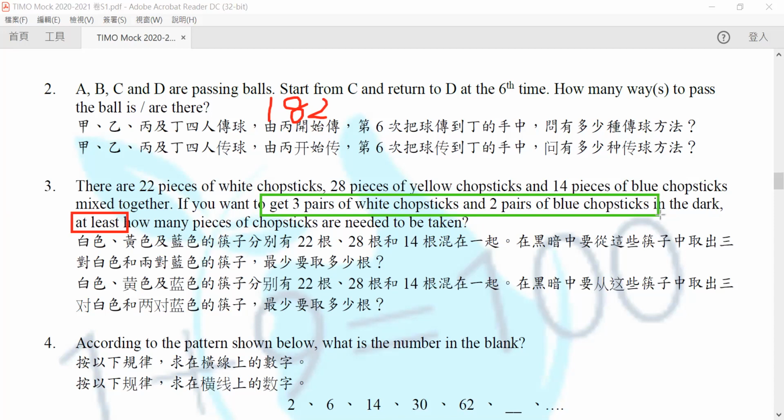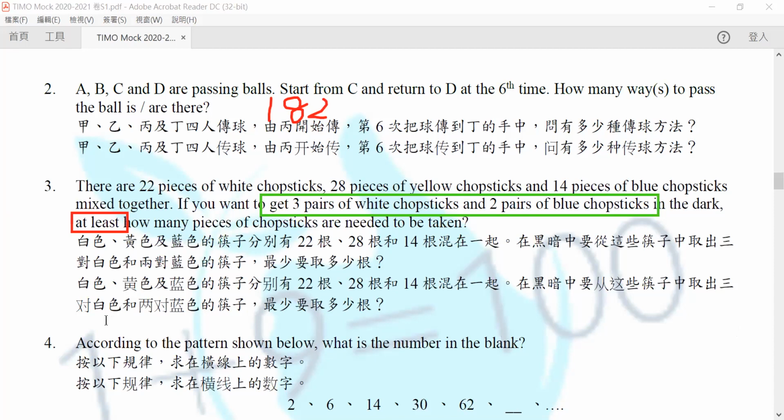It means that we can at most pick 5 white chopsticks. As long as we have just 5 white chopsticks, we are fine. Because no matter how many blue or yellow chopsticks we get, as long as we do not get 3 pairs of white chopsticks, the situation is not satisfied.